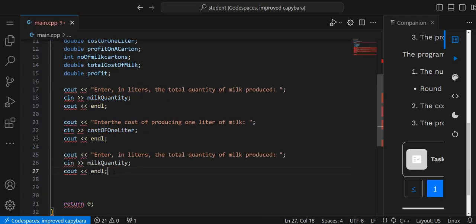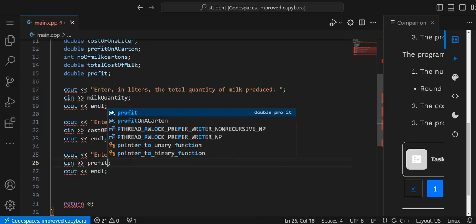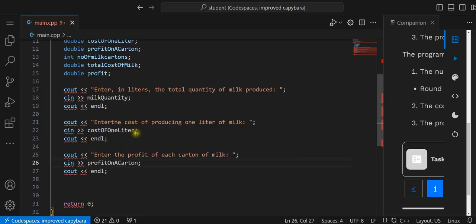Do the same thing. Enter the profit of each carton of milk. And this is going to be profit. Profit on a carton. And then in line.